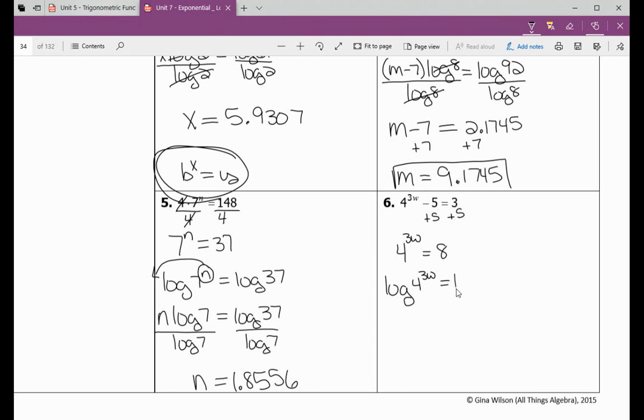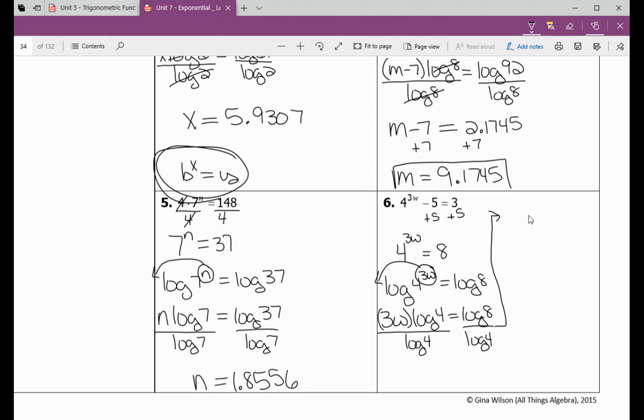If you are ready to log both sides, your next step would be to take that 3w, put it out in front. I'm going to divide both sides by that log 4. That gives me 3w, because the log 4's on the left will cancel, equals 2.